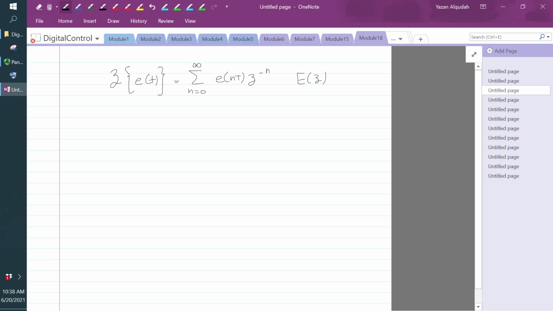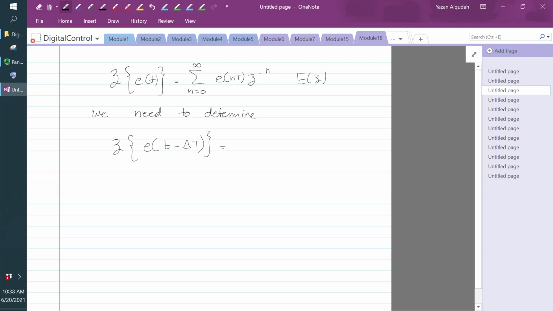Now we need to determine the Z transform of the signal E of t minus delta multiplied by t, the signal that was delayed.